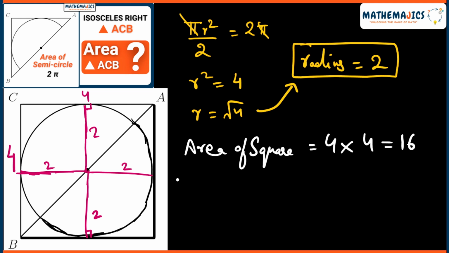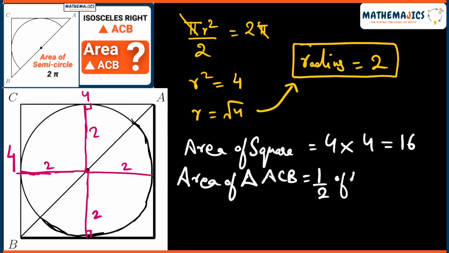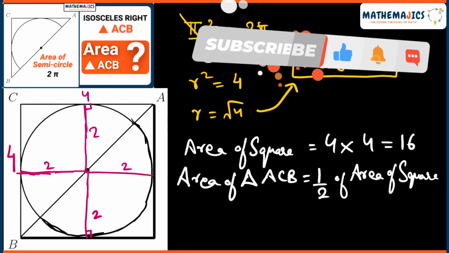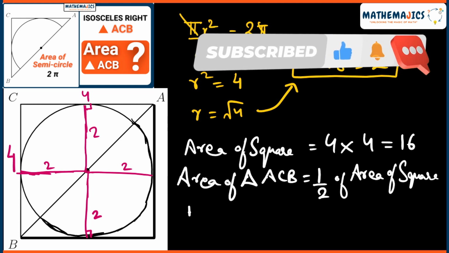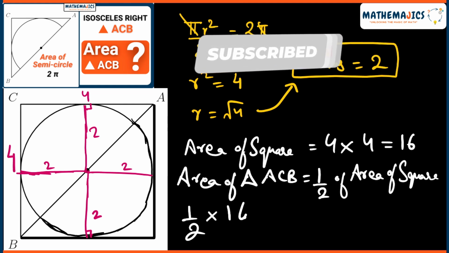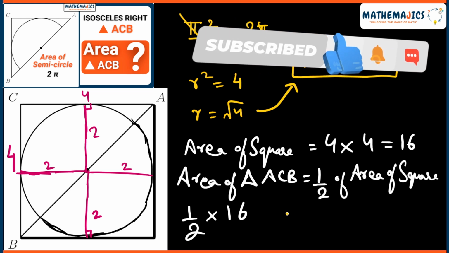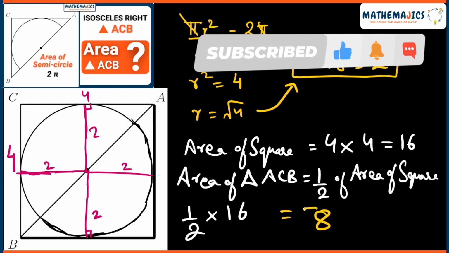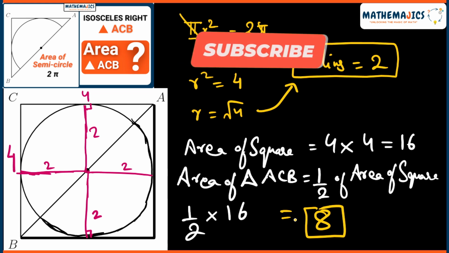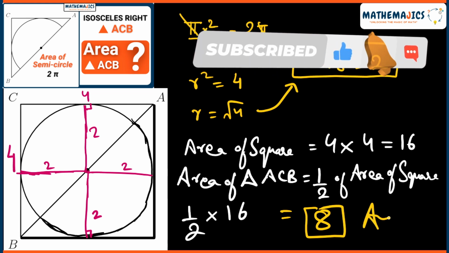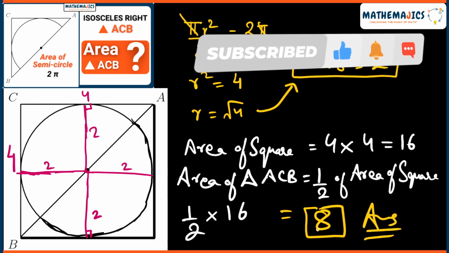Now, area of triangle ACB is half of area of square. We can clearly see that half of area of square is area of triangle ACB. That means half of 16, which will give us 8. That means the area of triangle ACB will be 8. This will be our final answer.